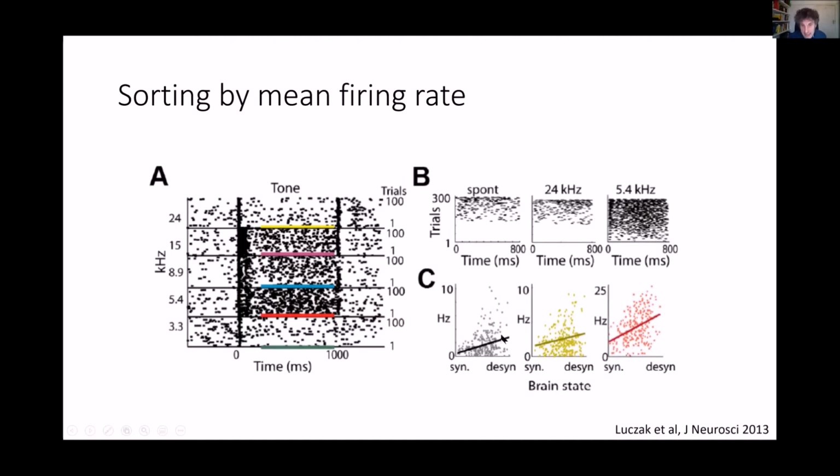In desynchronized states, you have a higher firing rate, and that's true for spontaneous activity and for tone responses. And the stronger the tone response, the larger the effect of this brain state. So it's a multiplicative effect of the brain state and the tone preference on this cell's activity.